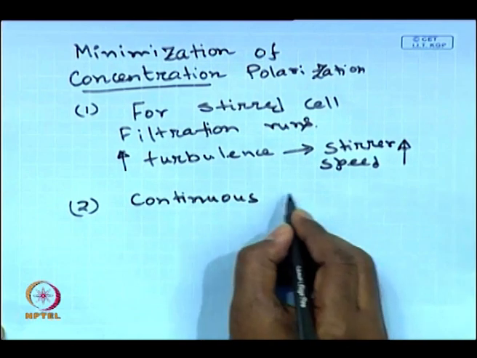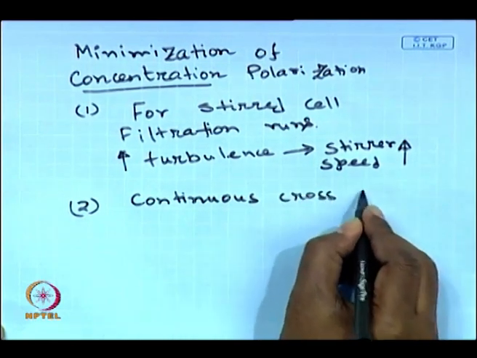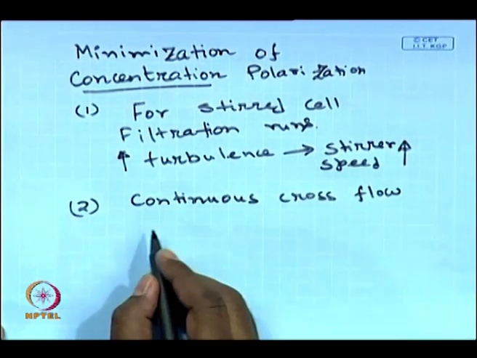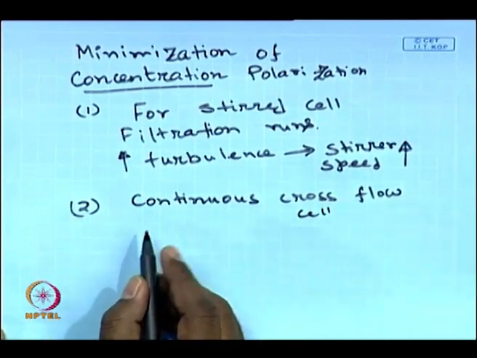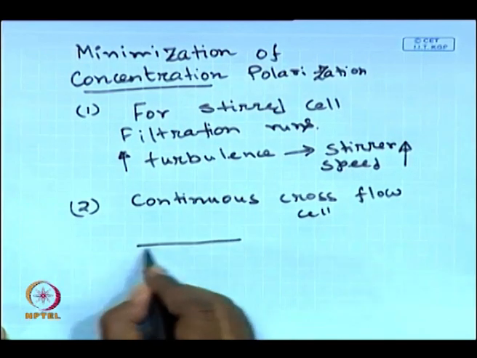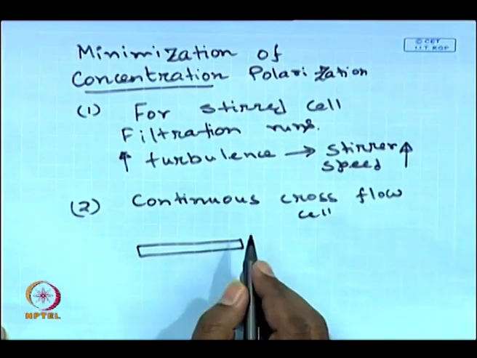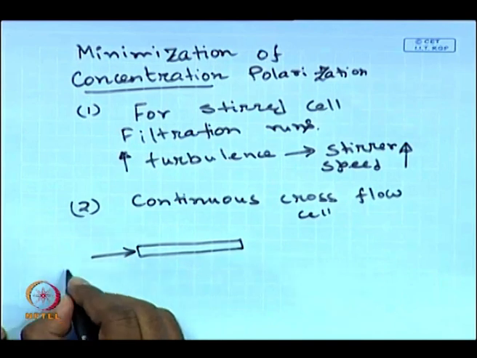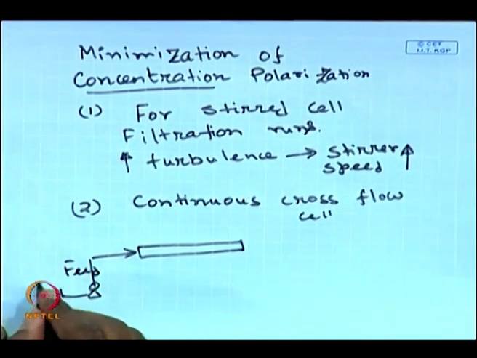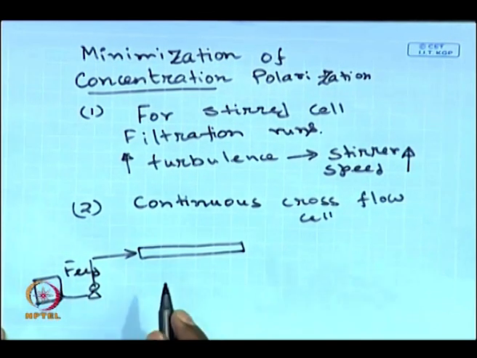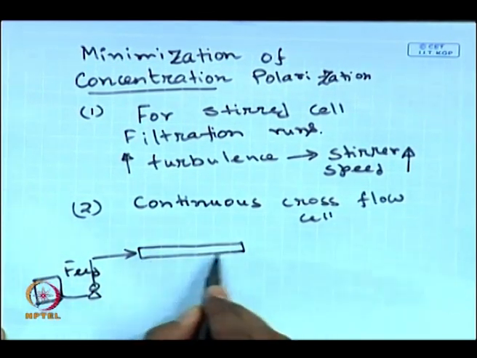we call it continuous cross flow. I will come to why it is termed cross flow. In a continuous cross flow cell, suppose this is a membrane filtration unit, the feed is being pumped from a feed tank and pushed through the cell.